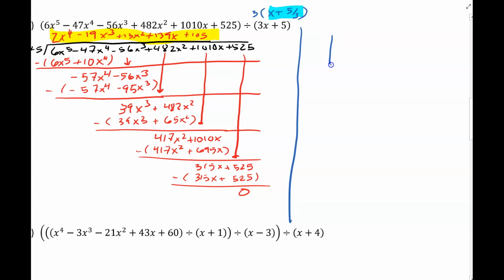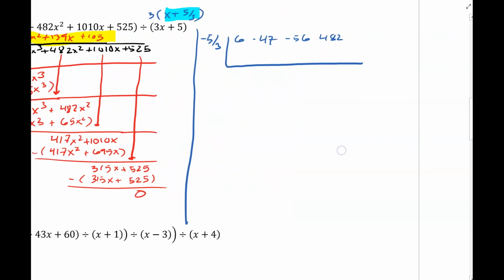So let's just see how that would work out. On the outside, I have the negative 5/3. I have 6, negative 47, negative 56, 482, 1010, and 525.